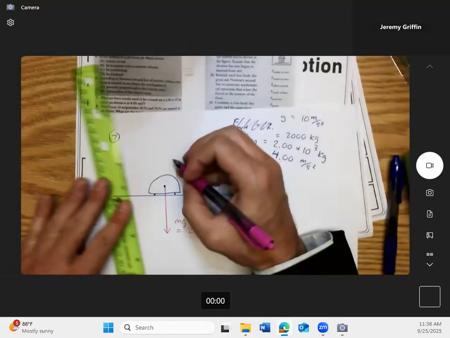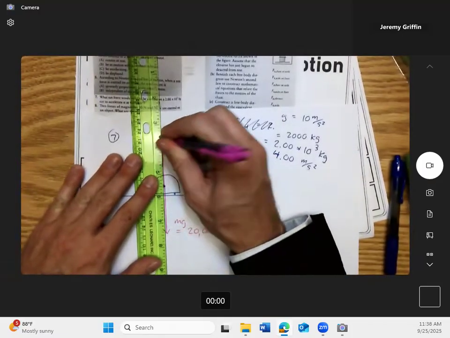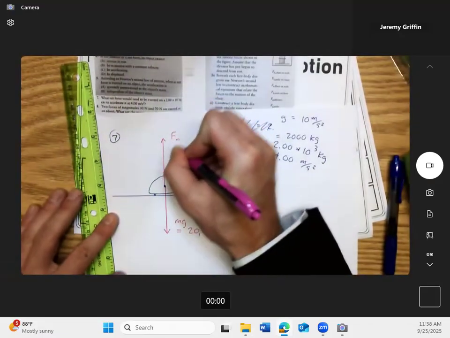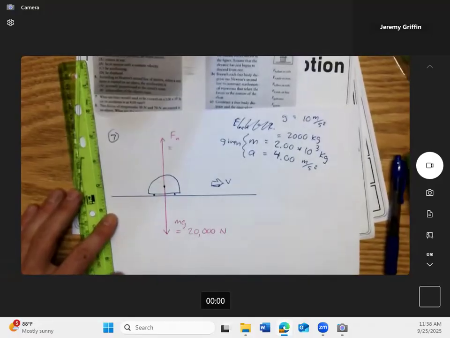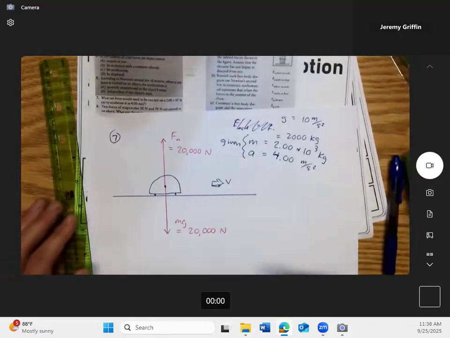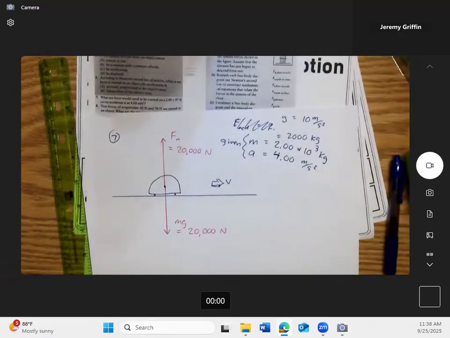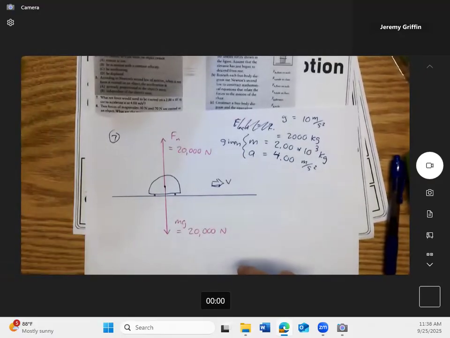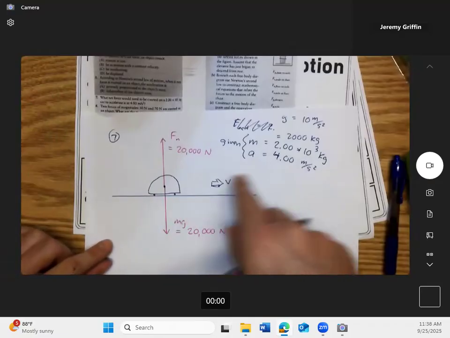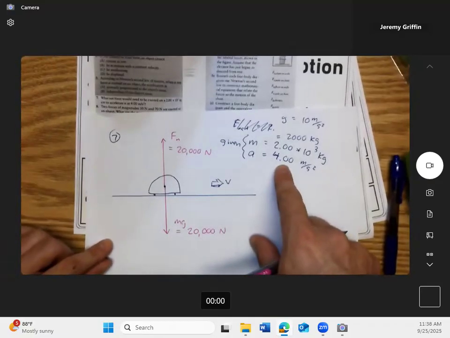And guys, what force is holding the car up? Normal force, which is how many newtons? 20,000 newtons. As long as it's a level road, I think it's a fair assumption that it's just a horizontal road. Now, suppose the car starts at rest, and we're trying to get this car to accelerate forwards at 4 meters per second squared.